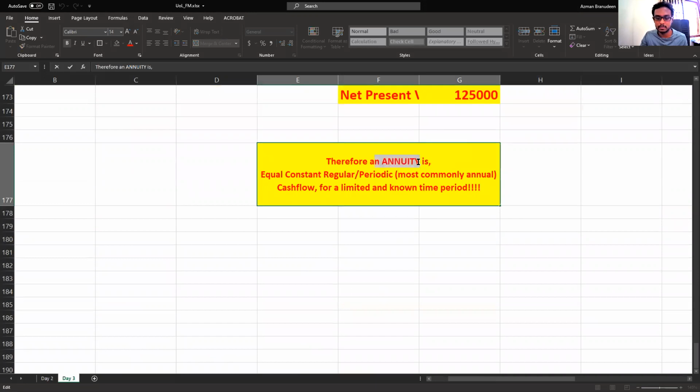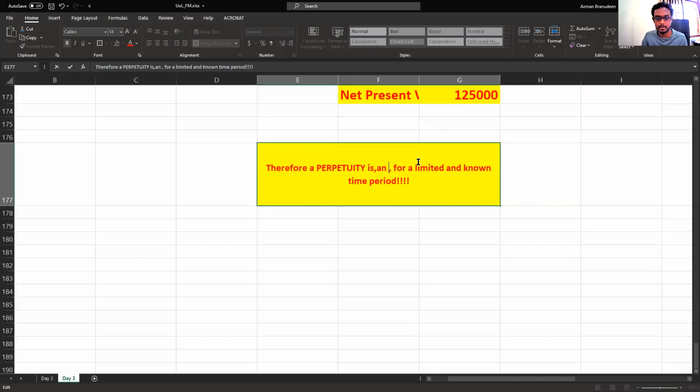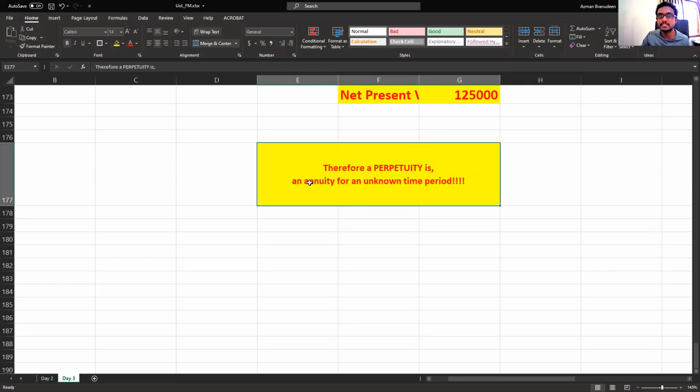A perpetuity is an annuity that works on the same logic, but the time period is unknown, so we assume it's forever.